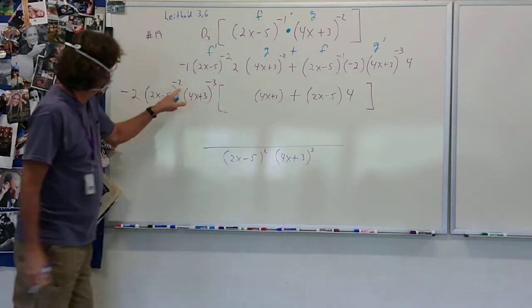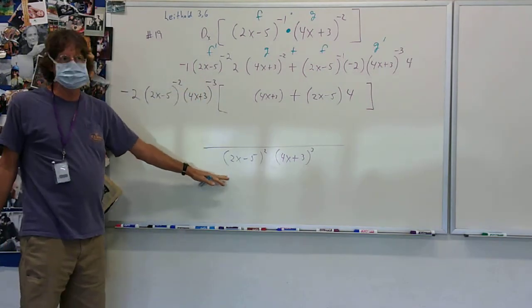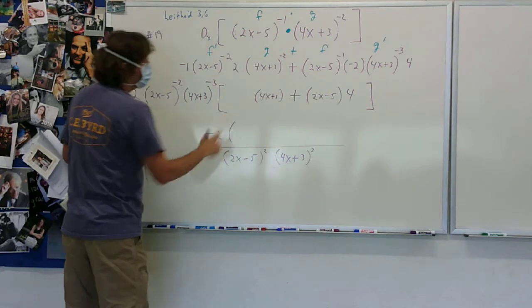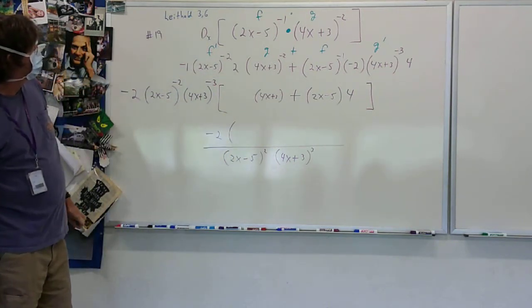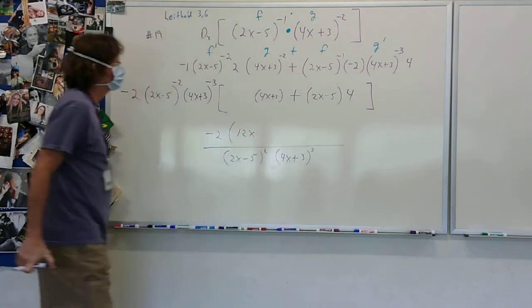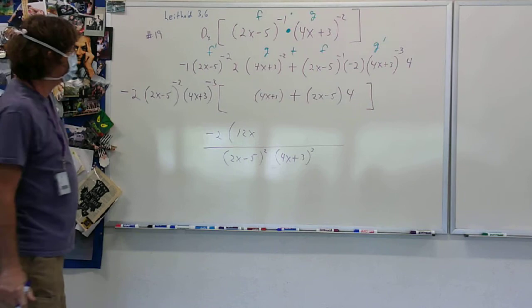This part right here with the negative exponents, just go ahead and take it down to the denominator. And put your negative 2 here. And 12x minus 17.